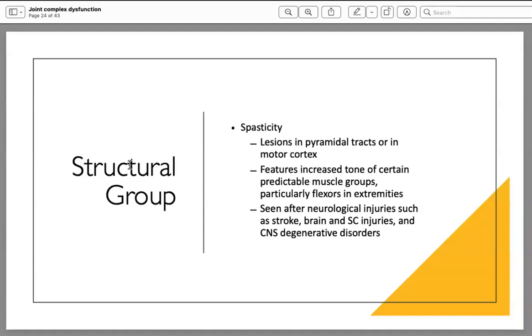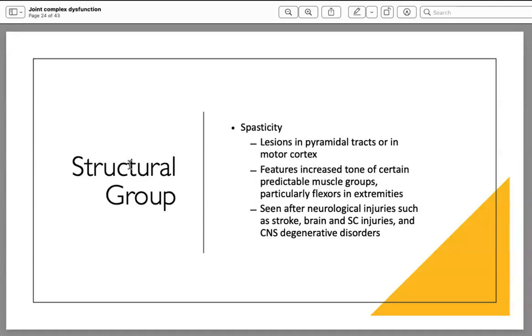These are more lesions towards our pyramidal tracts in our descending pathways, because these are going to include spastic muscle changes from a central nervous system standpoint, which obviously, if we have increased neurological spasticity of those muscles, you're going to have joint restriction as well.